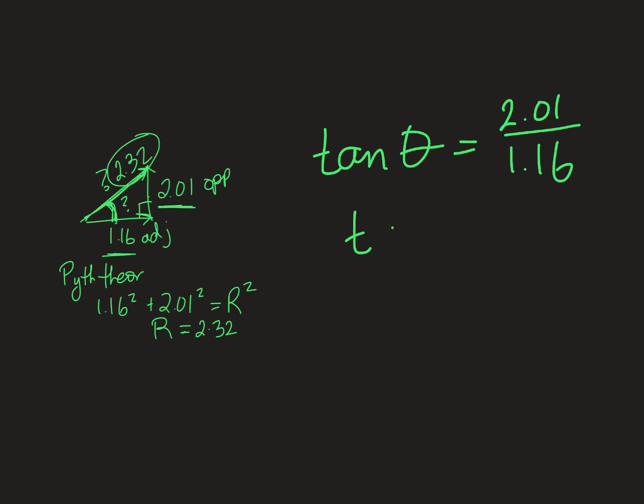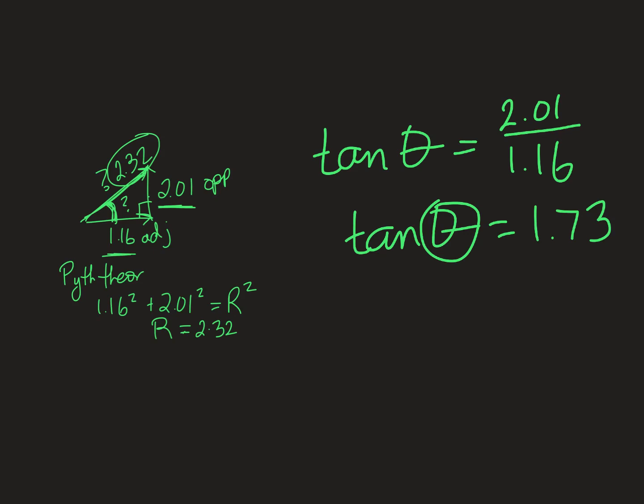And so we get the tangent of the angle equals a number bigger than 1, so our angle is actually bigger than 45 degrees. 2.01 divided by 1.16 is 1.73.